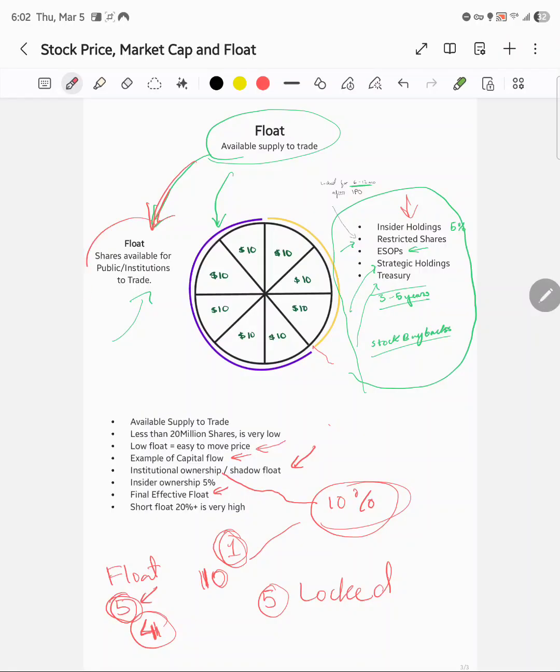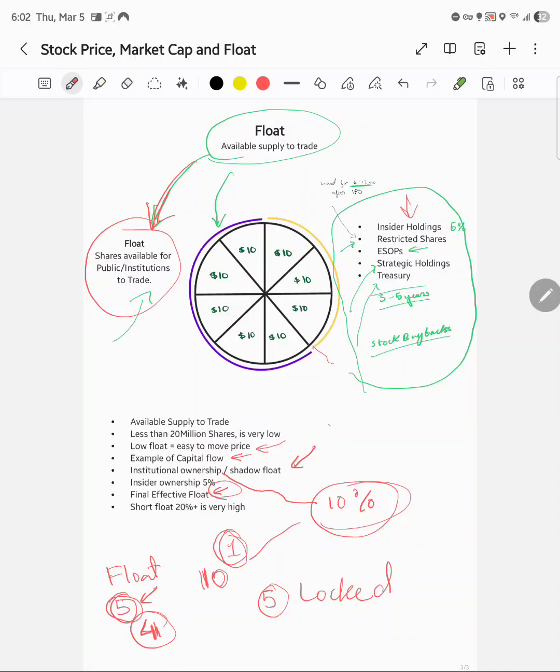So yes, float is what is available to trade, but you also have to look at institutional ownership. If the institutional ownership is very high, take that number and minus it from the float. That will give you the real final effective float.